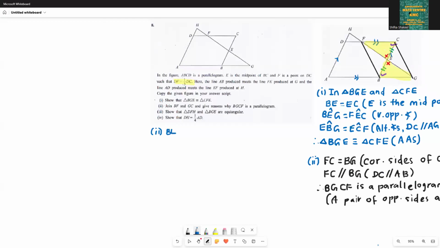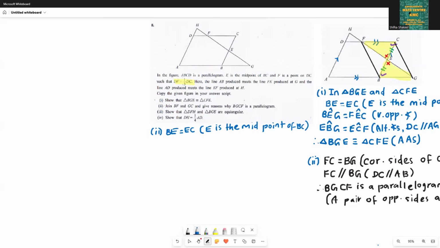Why are BE and EC equal? Already we have proved, or else we can write, E is the midpoint of BC. And also BE and EC are equal. At the same time, FE and EG are also equal.